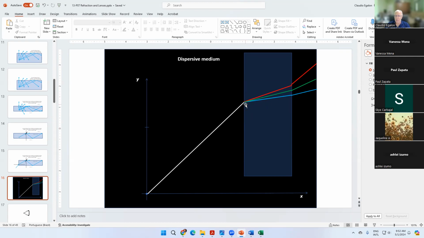So here we have blue, green, and red light, and then they exit at different angles as well, because the angle of incidence here is different from the angle of incidence here. Did you get the idea? Okay, that's what you have to know about dispersion.